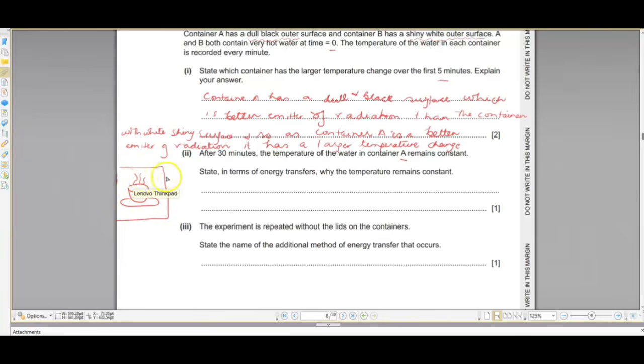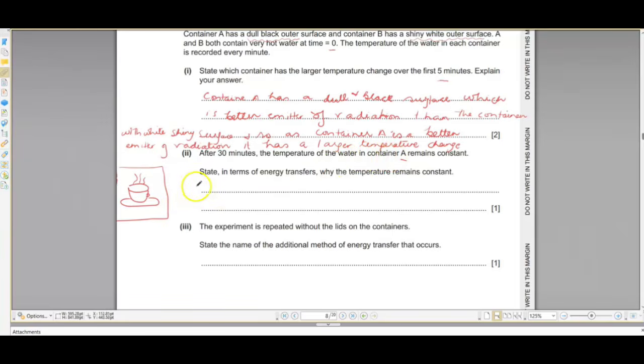Because the rate of energy loss is equal to the rate of energy gain from the surrounding. Now they are both at the same temperature. So whatever heat the water of container A had, it emitted it off, and now it is at the same temperature as the surrounding. Because of that, it now has a constant temperature.